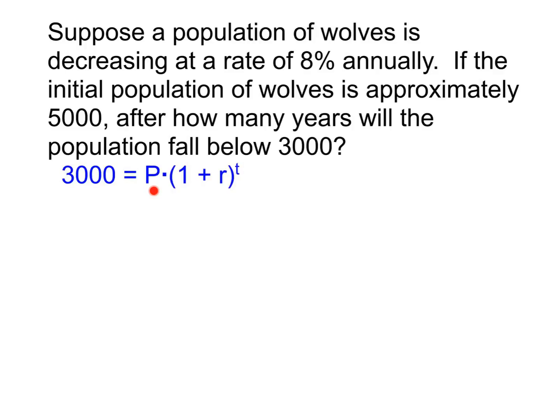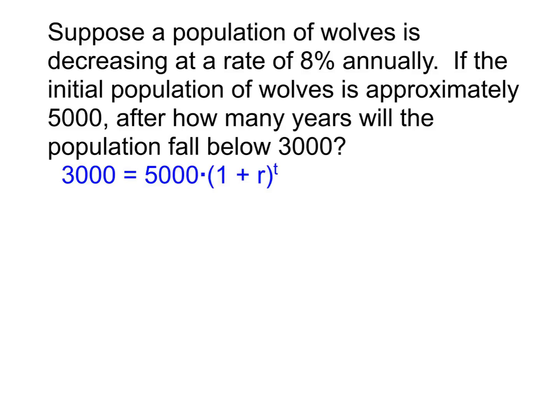Next up is P, the principal. Principal is the starting value. As of the start of this problem, how many wolves are there? 5,000. That makes it our principal. That's our starting value. Right, next up, we need to look at the R value. Now, what is R here? It's going to be 8%, right?